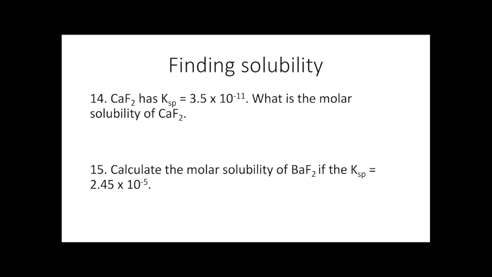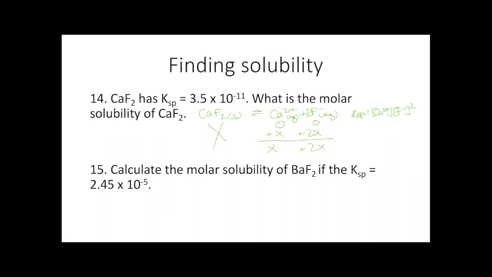Now we have to go the other way, where we know the Ksp and we have to find x. So again, we write the chemical equation. Gotta balance it. Ksp is going to be calcium 2 plus. Okay. Don't care. 0, 0, plus x, plus 2x.